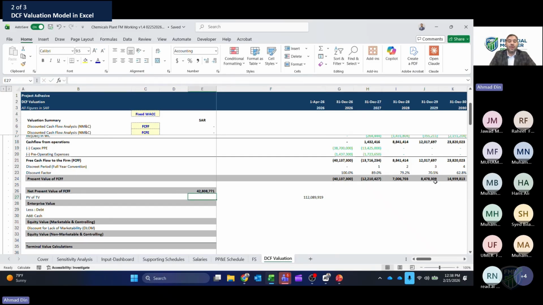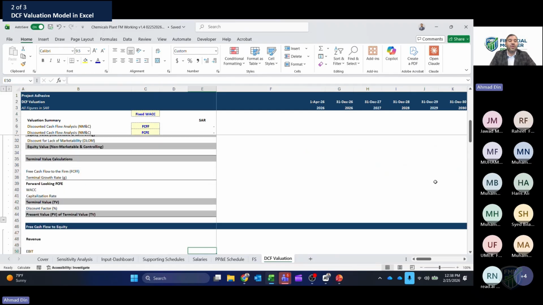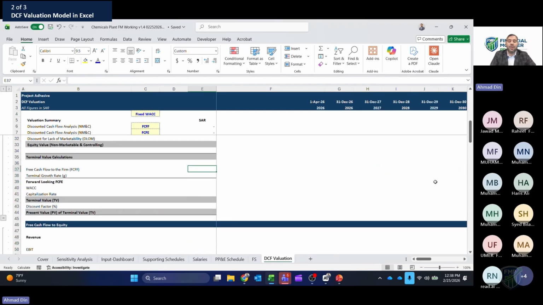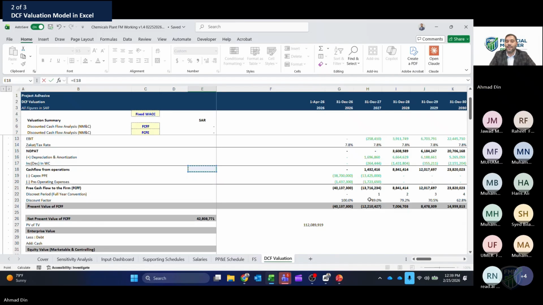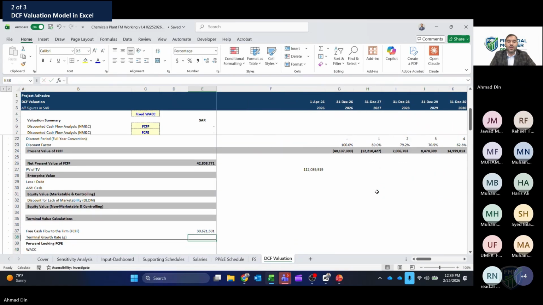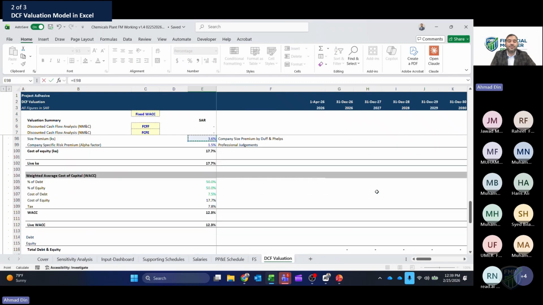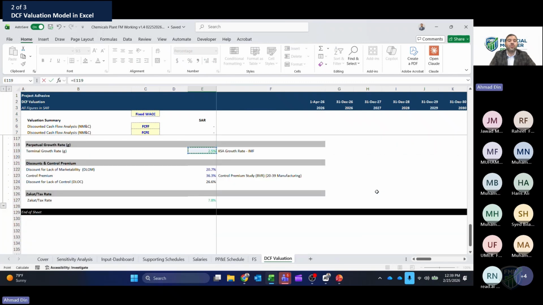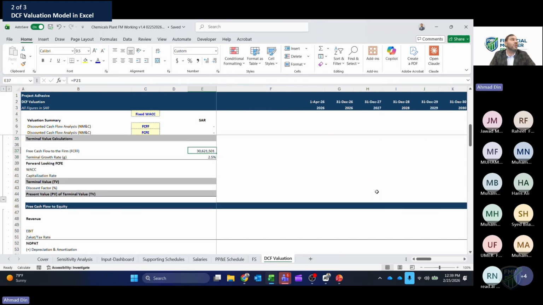Okay, the other way is that we break it down step by step instead of keeping one formula. We calculate step by step the free cash flow to firm. Then we have a terminal growth rate. We need to make it easier for the user to understand. So this is 1 plus our growth rate, and we have a forward looking FCFF, because we are in the FCFF.